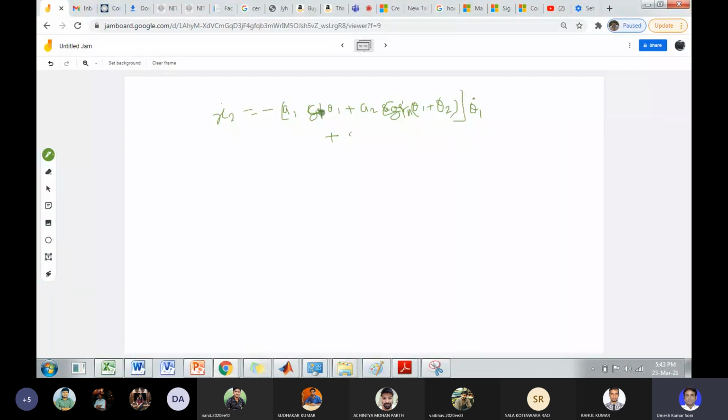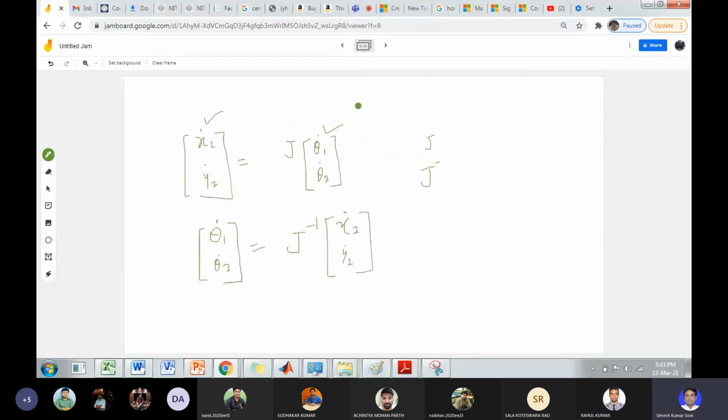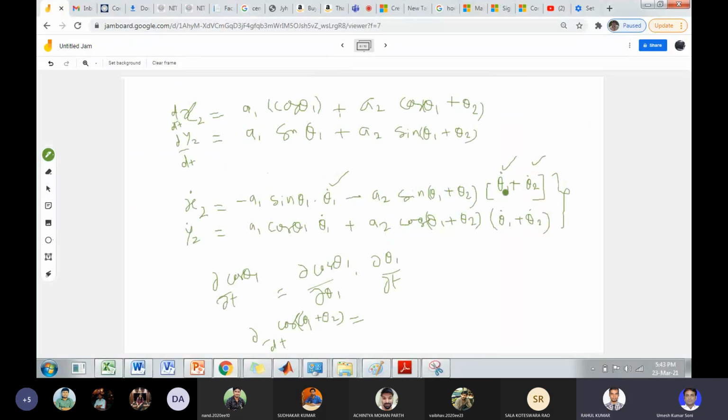ओके, माइनस साइन θ1, a1 साइन θ1 प्लस a2 साइन θ1 प्लस θ2 एंड θ1 डॉट हियर यस सर, a2 साइन ऑफ माइनस सर। दिस इज माइनस θ1 डॉट। सर θ1 प्लस θ2 वो नहीं रहेगा ना सर, उसके रिस्पेक्ट में डिफरेंशिएट कर रहे हैं ना। अलग अलग करेंगे ना उसमें। अब हियर यू आर सेपरेटिंग द टर्म्स। यस, here θ1 term you have, and here θ1 term you have for this.